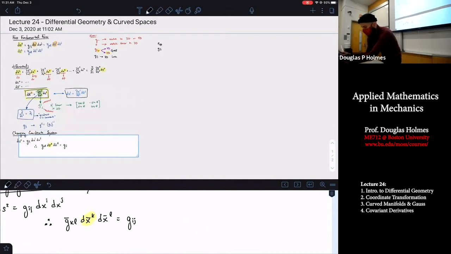And so this becomes dxi over dx bar k. Then I have to do it again.